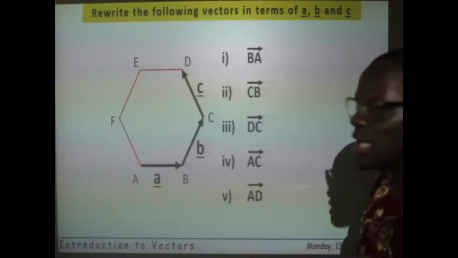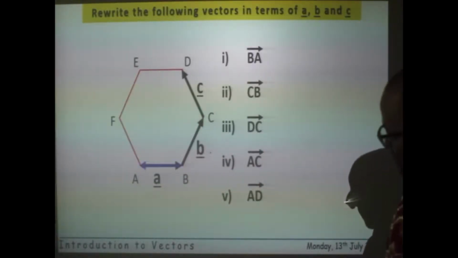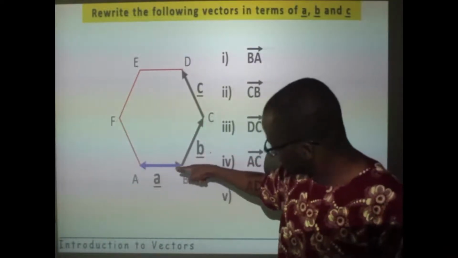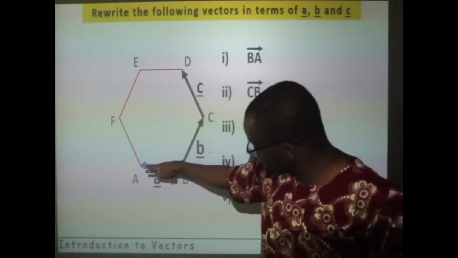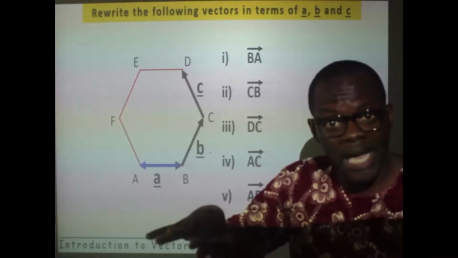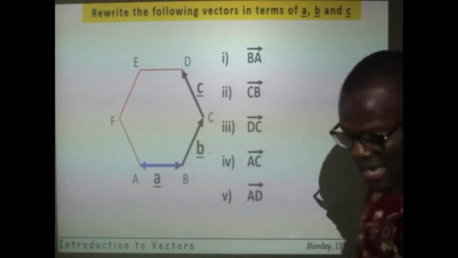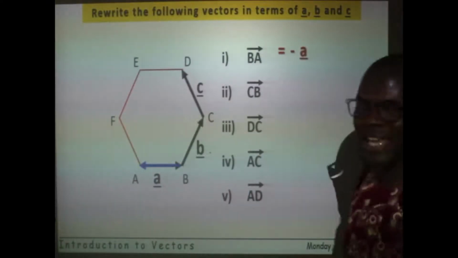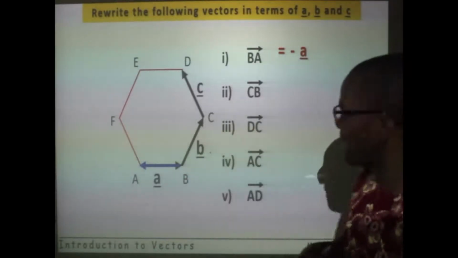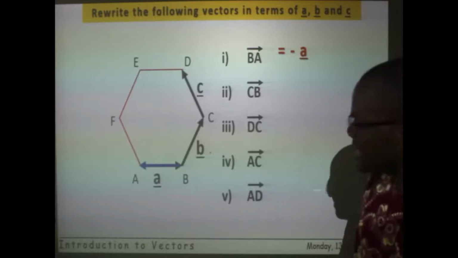So let's see the vector BA. The vector BA is in the opposite direction as AB. Therefore, BA will be what? Can anyone guess? Yes, minus A. Exactly, minus A. Next up, if you didn't quite get that, let's see the next example. What of the vector CB?